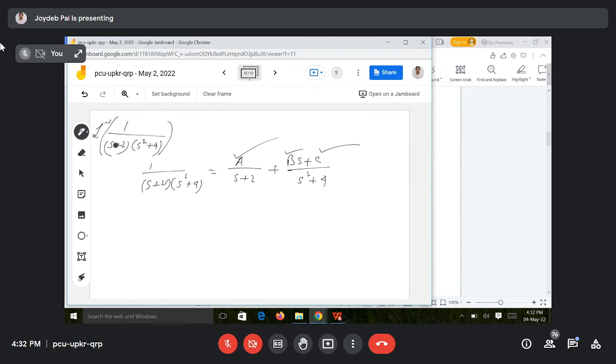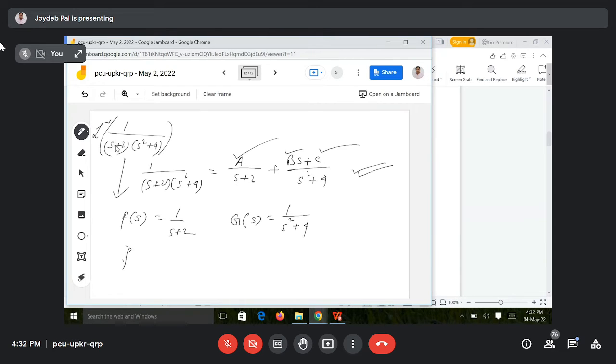Right. So it is a laborious work. Means first of all simplify, then compare, then find the values. But laborious but simple way. And now you can solve this type of problem by what? Convolution. You assume f of s is equal to 1 by s plus 2 and g of s is equal to 1 by s square plus 4.